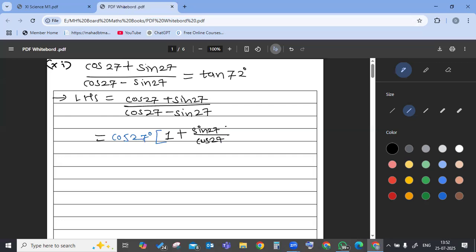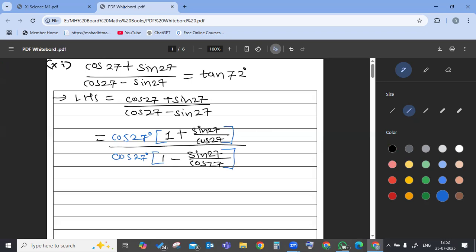Is it clear? Divided by, again take cos 27 from the denominator, then in the bracket what will remain? 1 minus sin 27 upon cos 27.